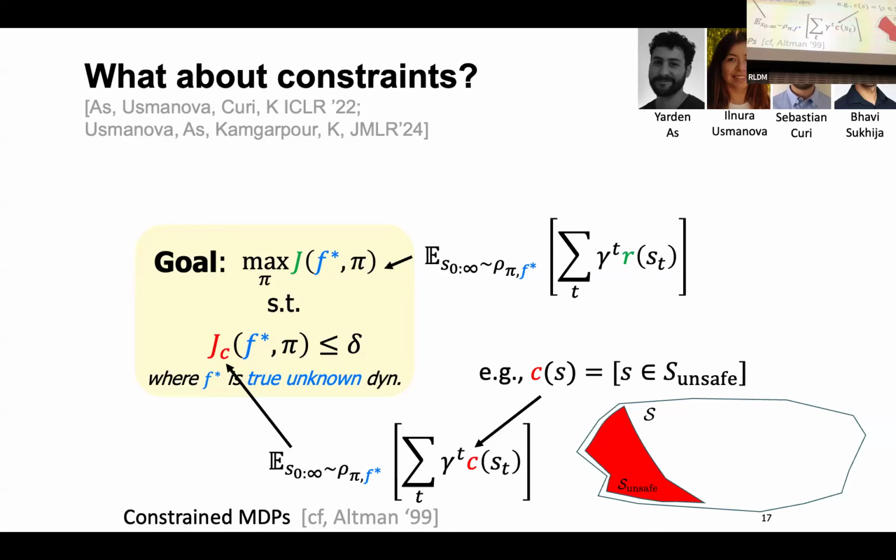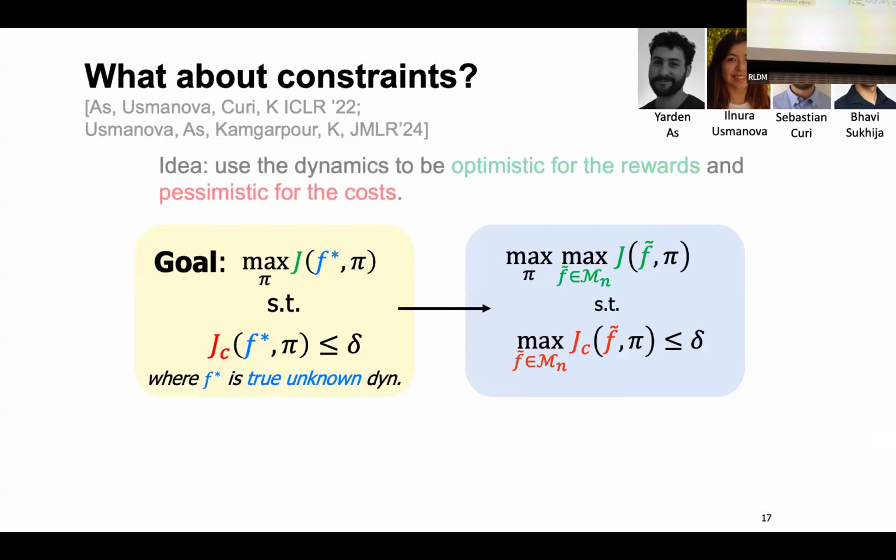But the key challenge we really want to address here is that we don't have a perfect model, right? Where the dynamics are not known. And so a natural idea is to say, well, let's consider a set of plausible dynamics, as before, and use an optimistic estimate for our reward and a pessimistic estimate for the constraint.